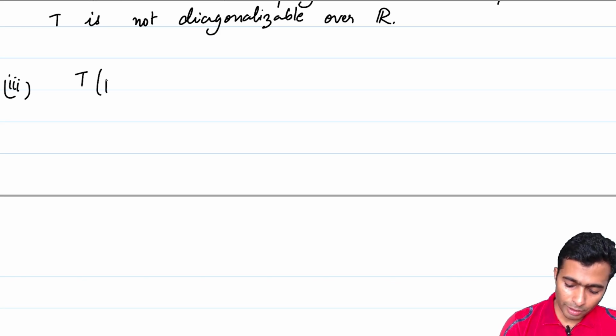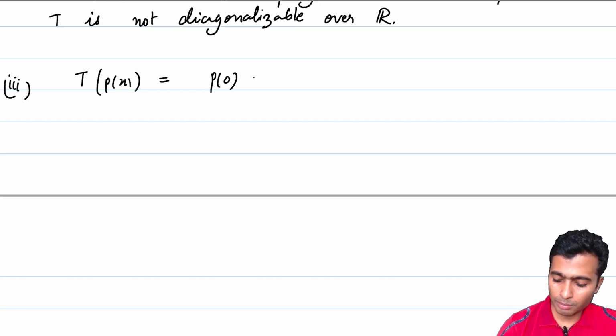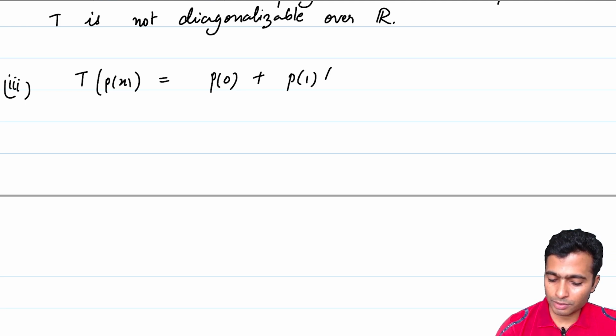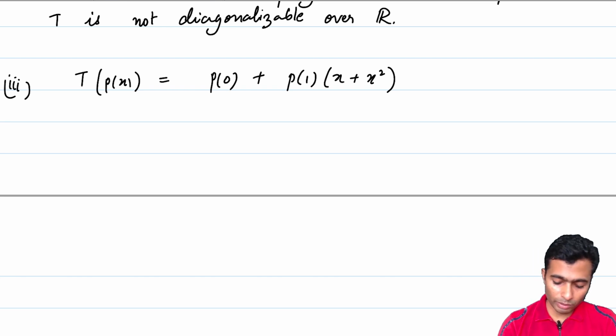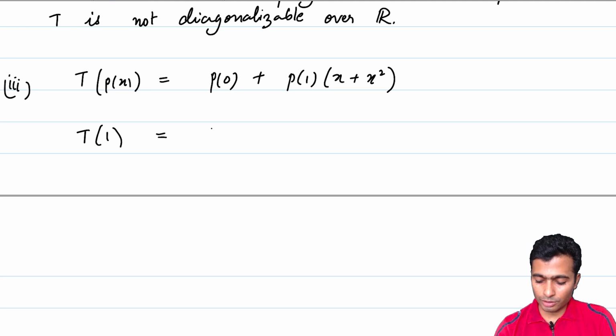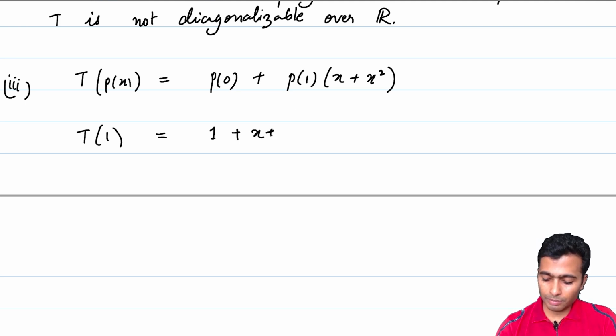So T of P of x is equal to P of 0 plus P of 1 times x plus x square. Let's see what is T of 1. T of 1 is just 1, P of 0 is 1, and P of 1 times x plus x square.